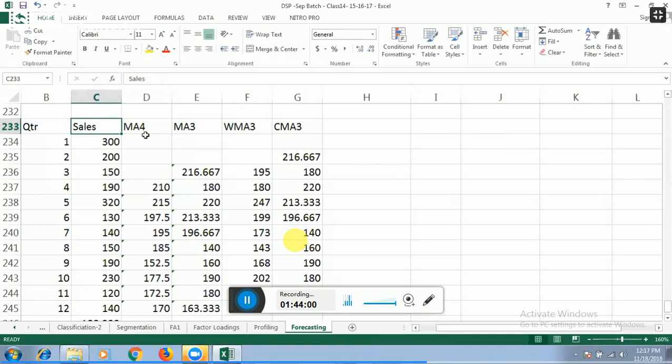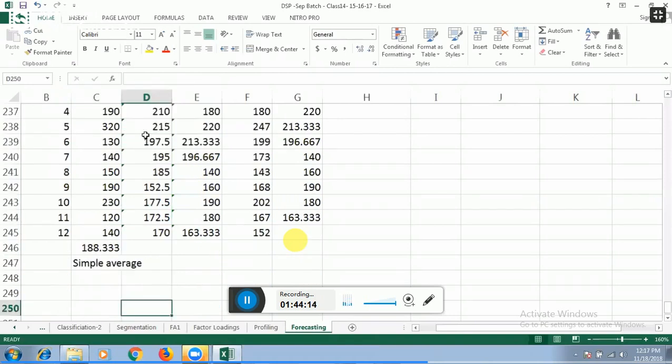But now the question is, how will you decide? Moving average can be used as a technique. Suppose I'm using a moving average as a technique. For example, if I take the last 4 time periods' average, this will be my forecasted value for next quarter.